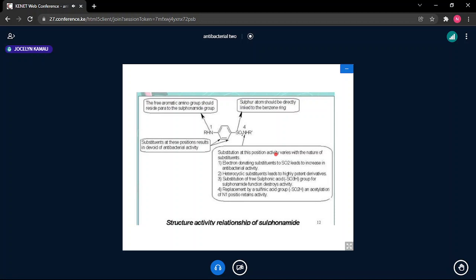And that stabilization of that anion makes that anion stable. And that is why the sulfonamides will exist as ionized at physiological pH.